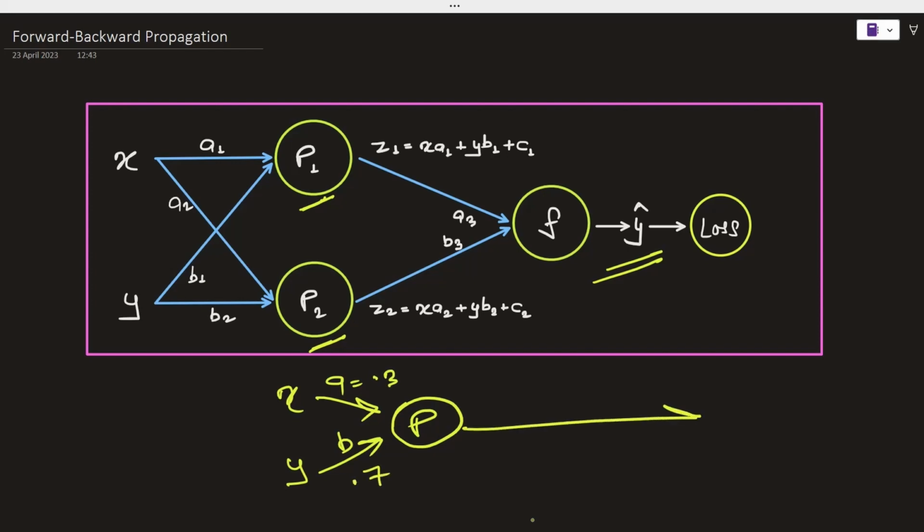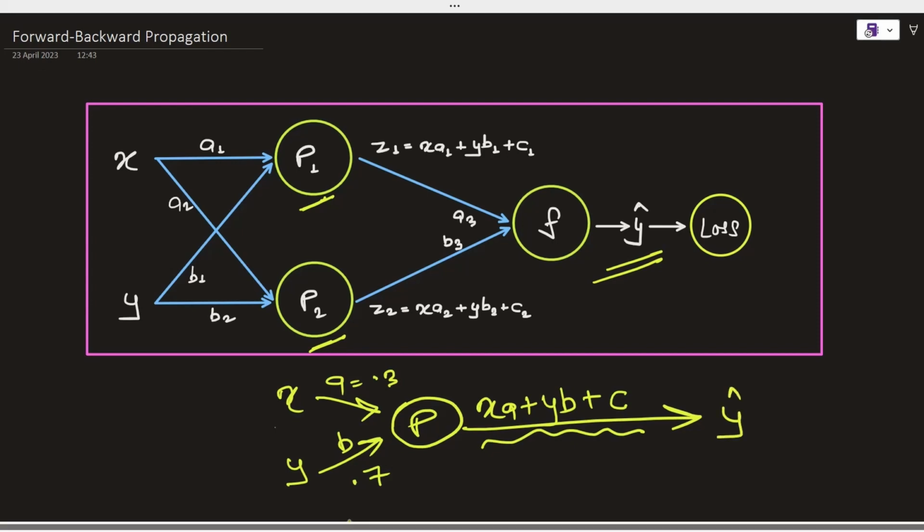We make the prediction by this linear equation, which is XA plus YB plus, let's say, a bias C. This is the linear prediction that gives us the output Y hat, the predicted value.